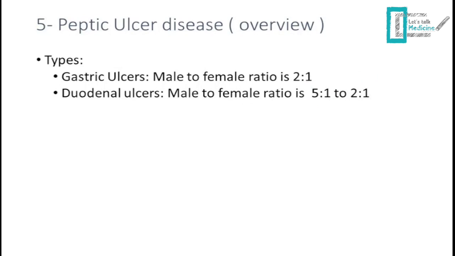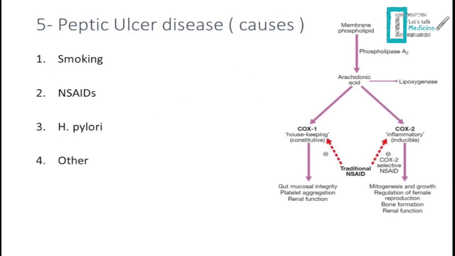Of gastric ulcers, 70% occur because of H. pylori, but of duodenal ulcers, 90% occur because of H. pylori infection.